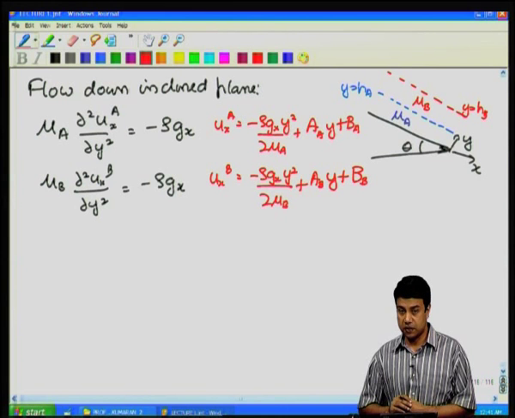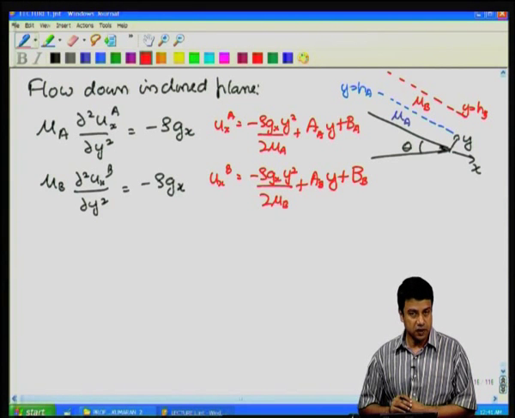So, now there are four constants. That means that I need 4 conditions to completely specify all 4 of these constants.